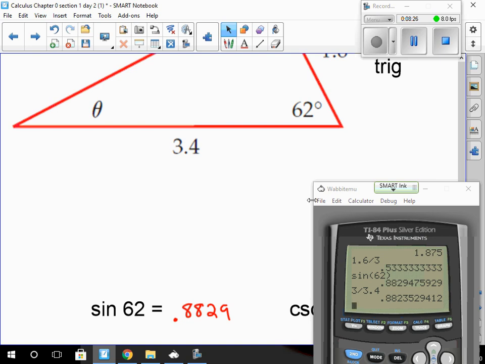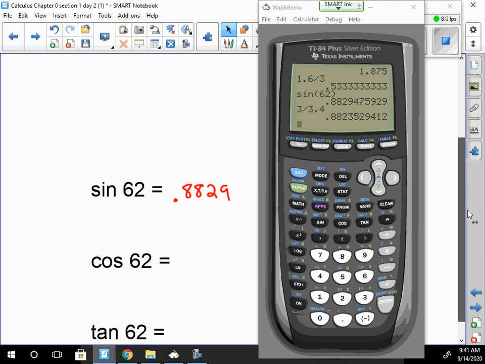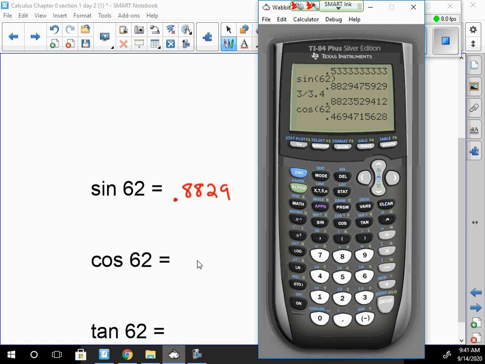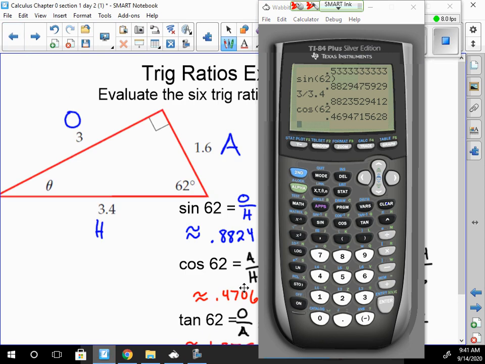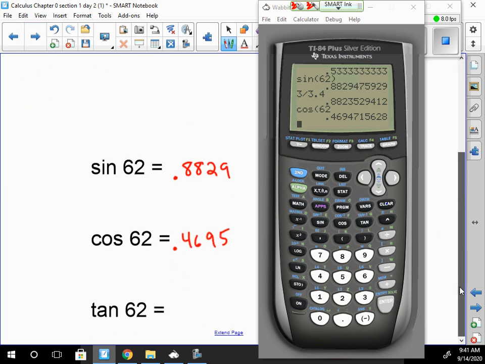So I get 0.8829. If I do the cosine of that value, I get 0.4695. Let's compare that to our last cosine, 0.4706. The question is, how far off is that? Not very far off. It's pretty close.